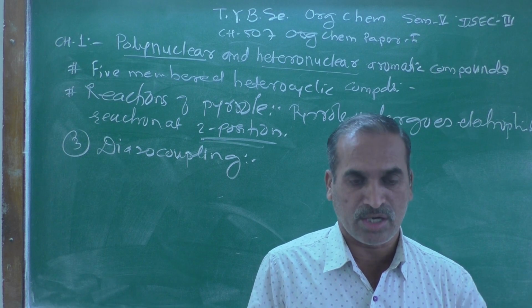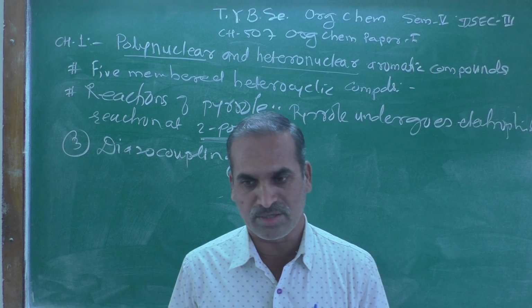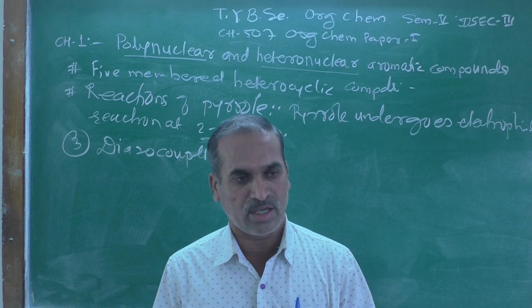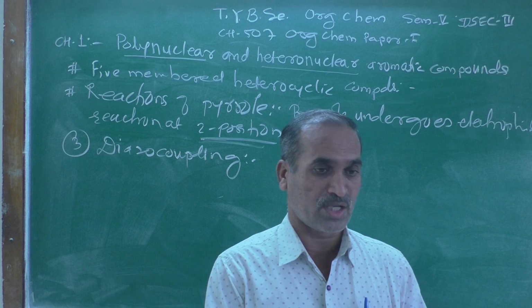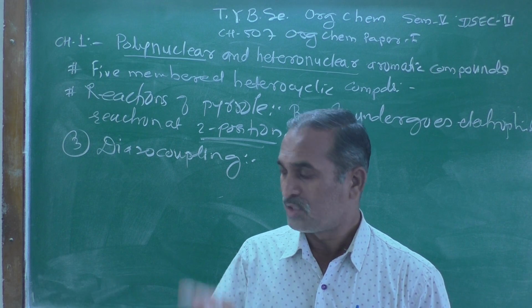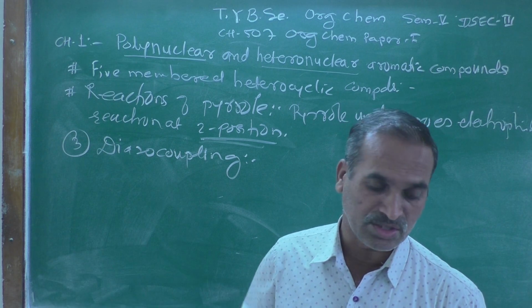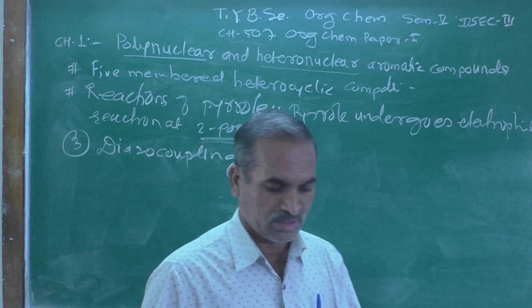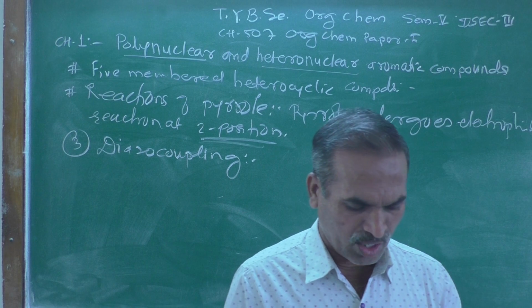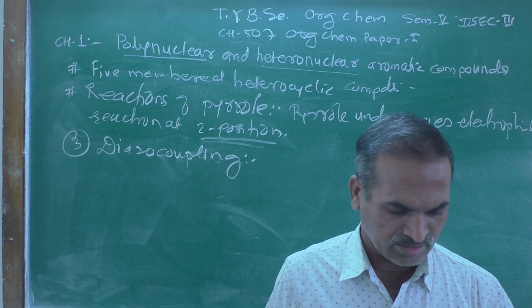That diazonium salt is versatile in nature, and a variety of organic compounds can be prepared from it. Therefore, when this diazonium salt is treated with the 5-membered pyrrole, the product which you are going to get here is this one.